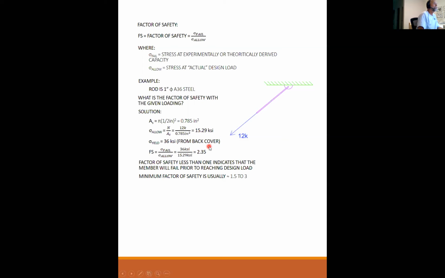And then the codes would basically say what the minimum factors of safety needed to be. And they would differ depending upon what you're doing. So a rod in tension, maybe this would be 1.6. A beam in bending, maybe this would be 2, something like that. But this is how we used to design a lot of our materials.